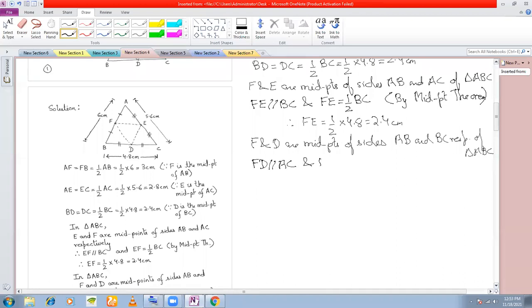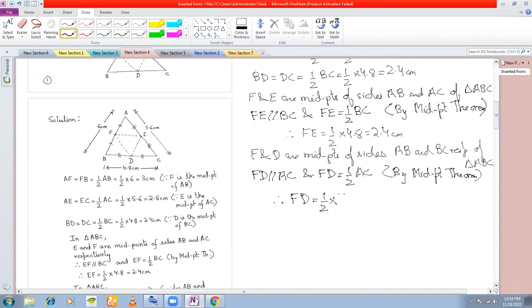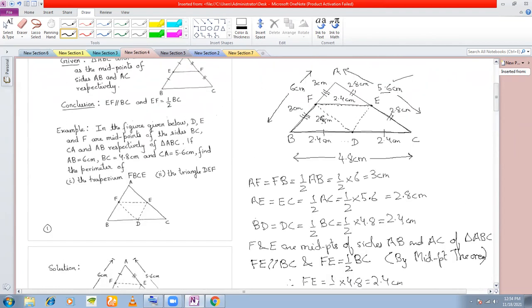And we can say FD is equal to half of AC. This is also by midpoint theorem. Therefore, what is the length of FD? FD is equal to half, and the length of AC is given to you here as 5.6. This is 2.8 centimeters. Okay, which I have already labeled in the figure. This is 2.8 centimeters, right?